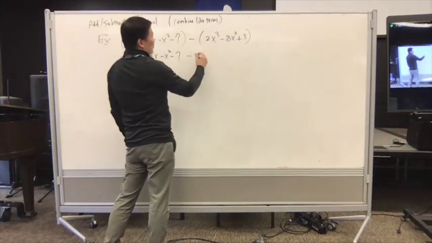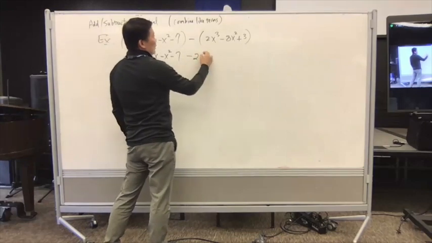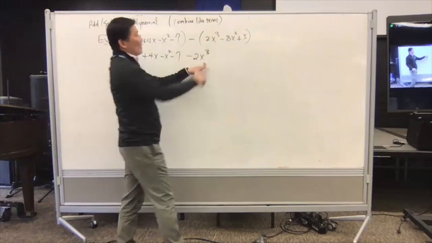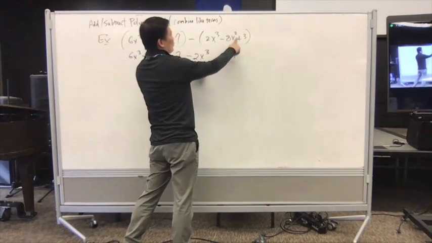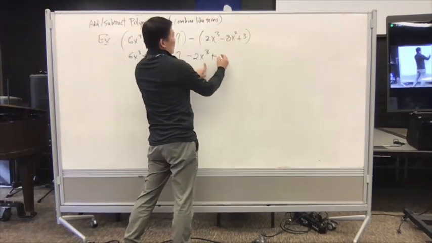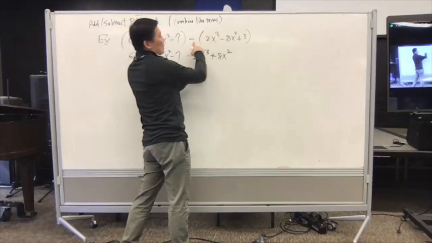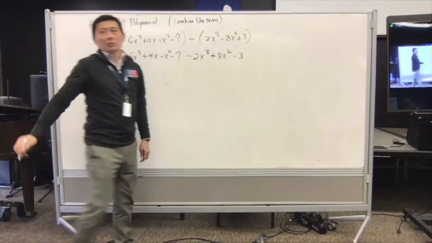So the first one is negative 2x cubed. Negative 8x squared, but the minus out here makes it positive 8x squared. This is positive 3, and with the negative out here, it becomes minus 3.